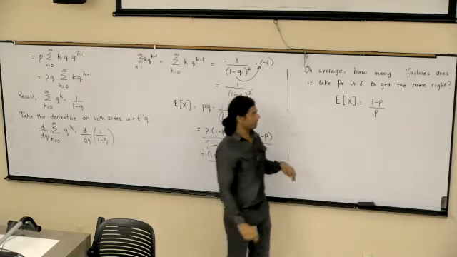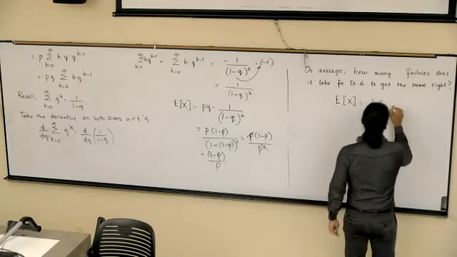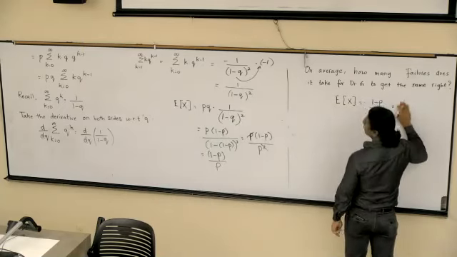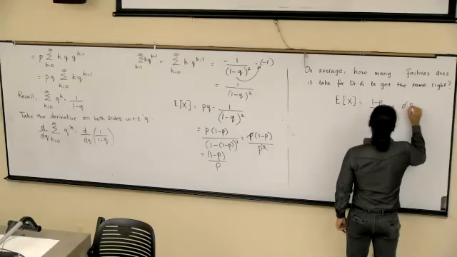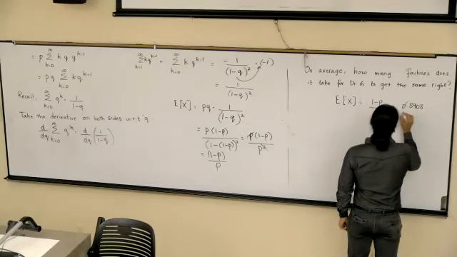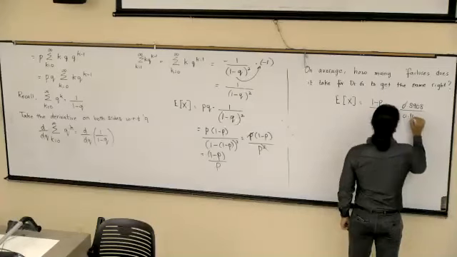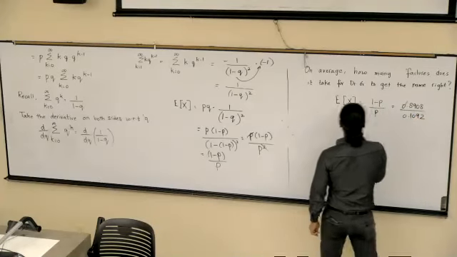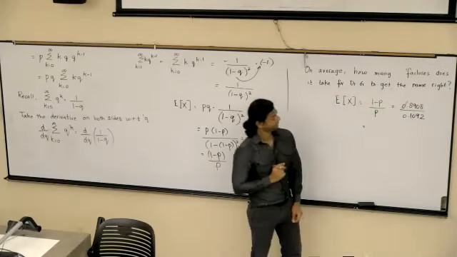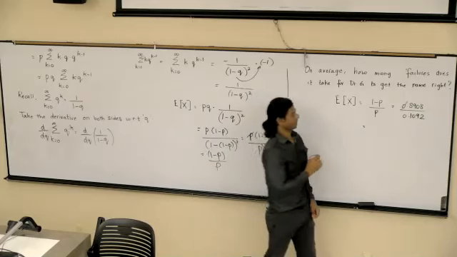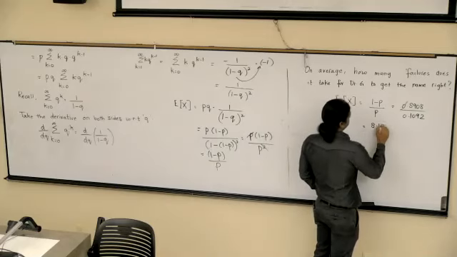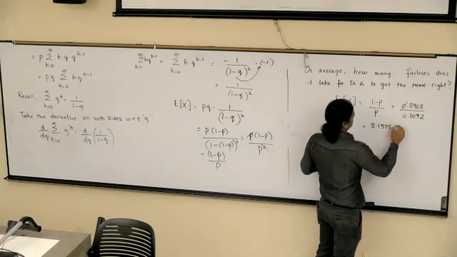We know what 1 minus p is, which is 0.8908 divided by 0.1092. That is 8.1575.